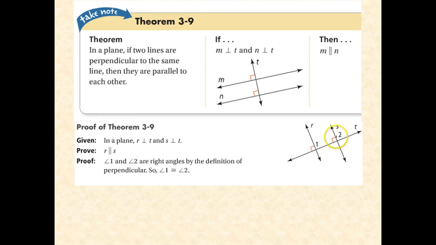Perpendicular means that they are 90 degrees. So angle 1 is congruent to angle 2. And since we have two lines cut by a transversal and corresponding angles are congruent, therefore R and S are parallel. Bada boom, bada bing. Easy proof.